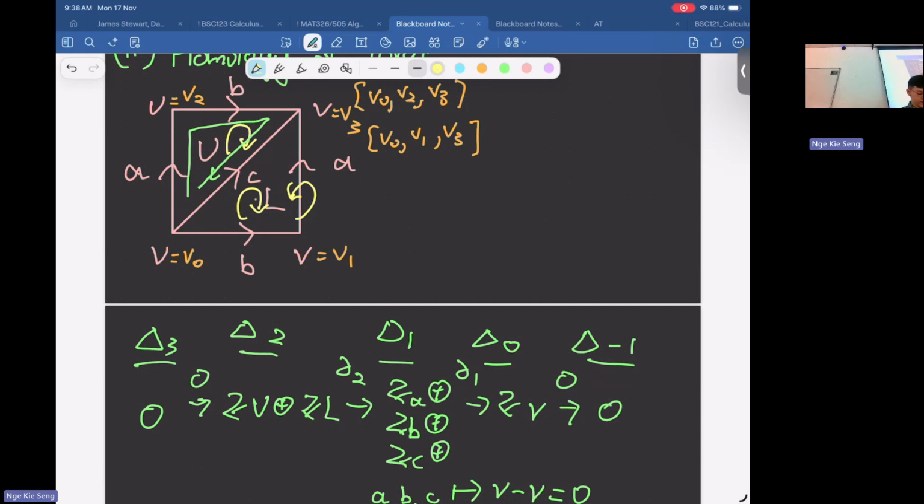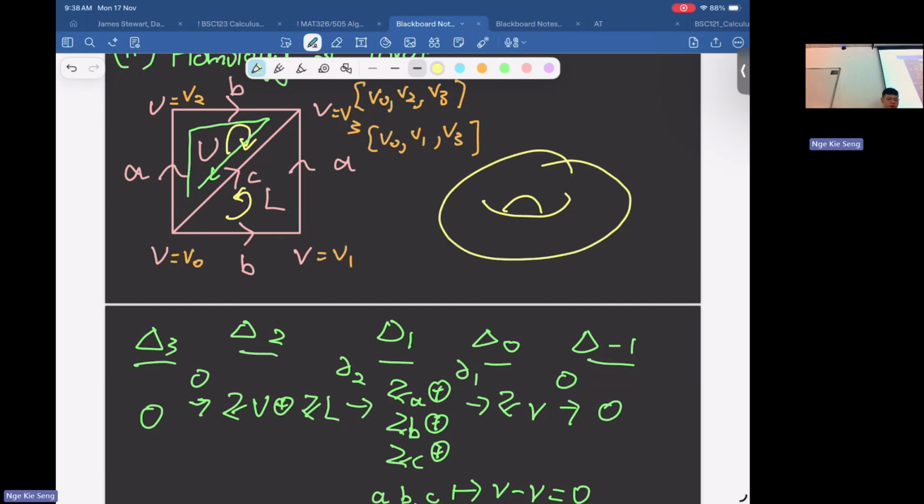I guess because of this direction, these two directions should be, how to say, compatible with each other. You get what I mean or not? Let me think. Okay. I think what you should think about is you should put an orientation on your real torus here. So if you already fix one orientation, I think the other direction is already fixed for you. Does it make sense or not?